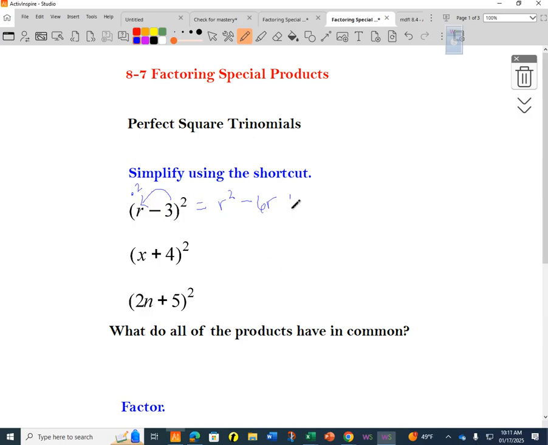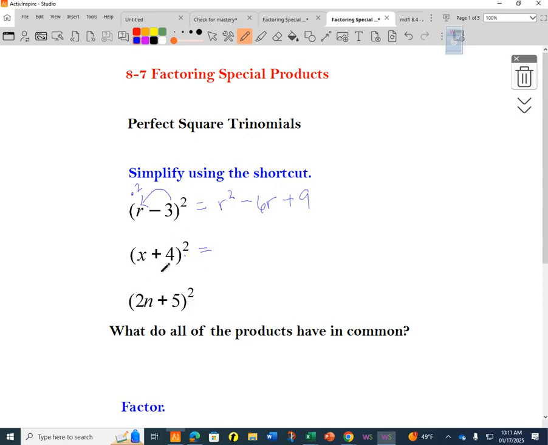So negative 3 squared would be positive 9. Remember, a perfect square trinomial always ends in plus. Right? It's always plus the constant. So whether you square a negative or whether you square a positive, it's always a positive. So that makes this a perfect square trinomial.